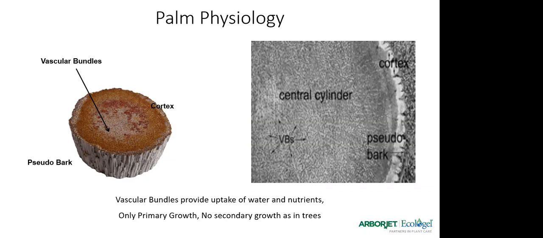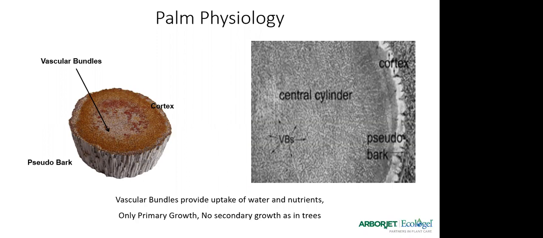The way palm physiology works, it's not like our standard trees where we have our bark, phloem, cambium, xylem, and heartwood. Instead you have a pseudobark layer, a cortex layer, and then your vascular bundles. Those vascular bundles go straight up to the top of the palm, to the meristem.